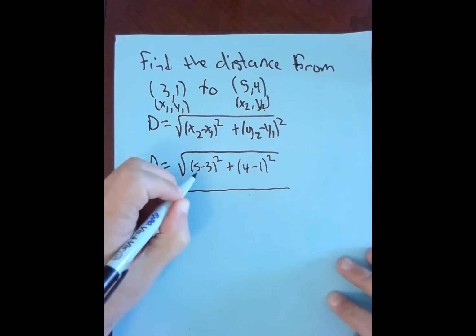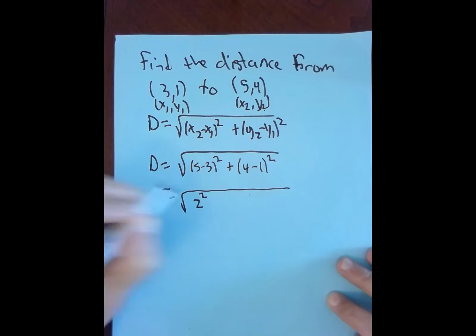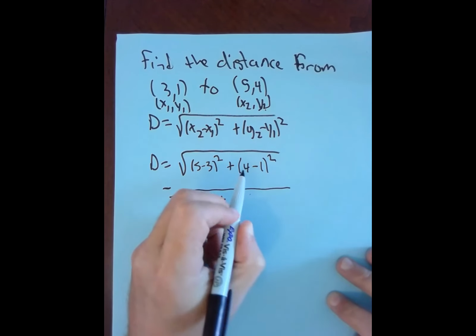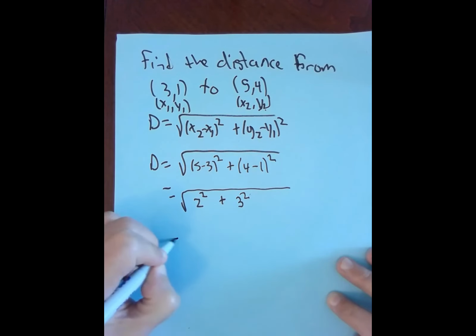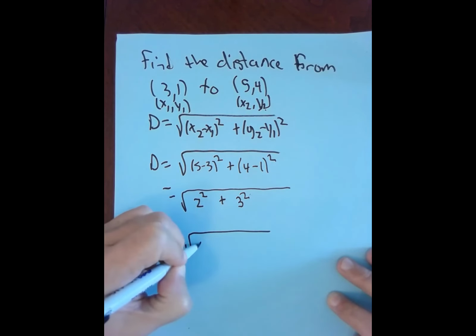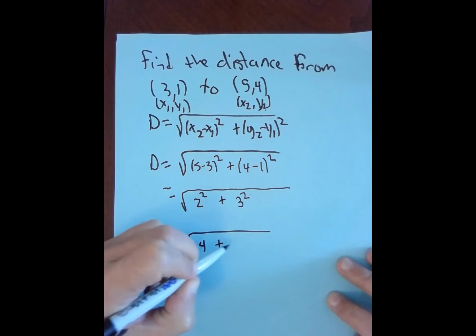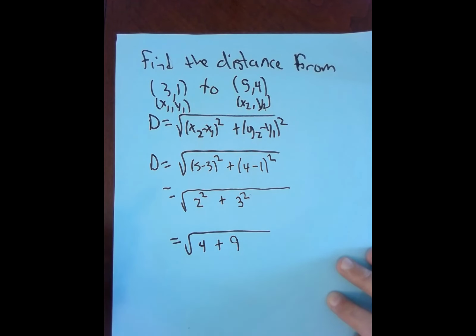That's the square root. 5 minus 3 is 2 squared, plus 4 minus 1 is 3 squared. So we get square root of 2 squared is 4 plus 3 squared is 9. That's square root of 13.